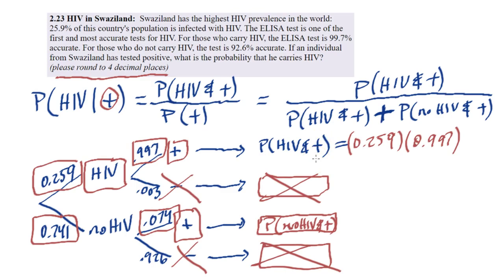And then you should have HIV and negative for the intersection of HIV and negative when you look at your two-way table. But anyways, I think this is easier to visualize and to look at the results, and this is what we're trying to find.